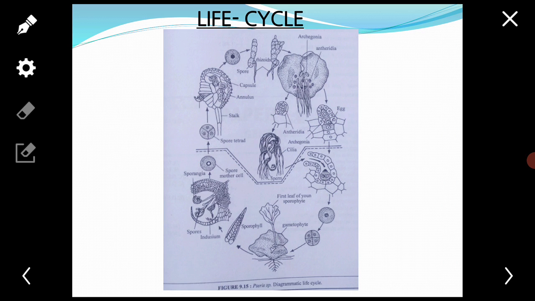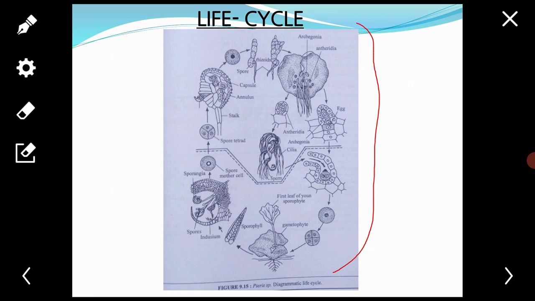Students, the topic of Pteris in the pteridophytes is finished with this video. This is the life cycle of Pteris. In this video, I have told you the development of the sporophyte.